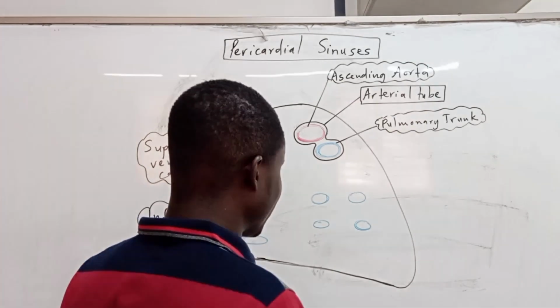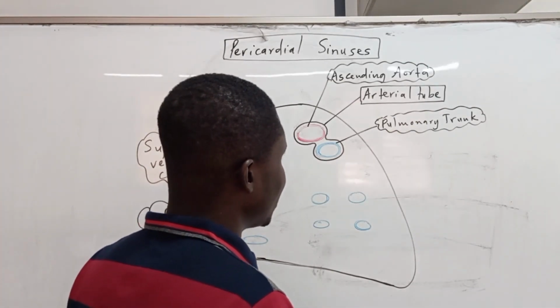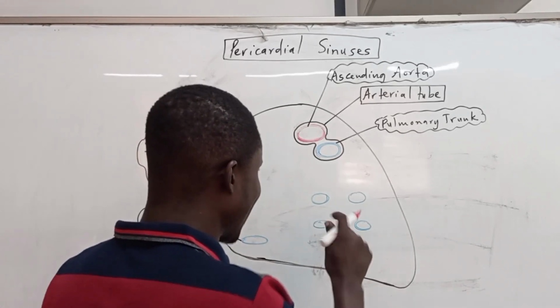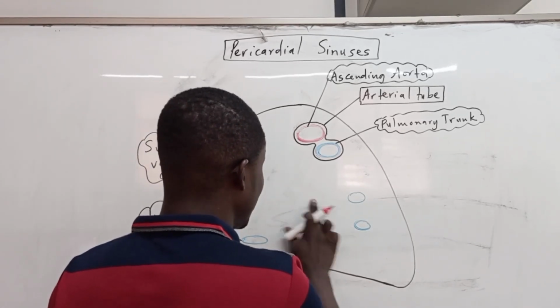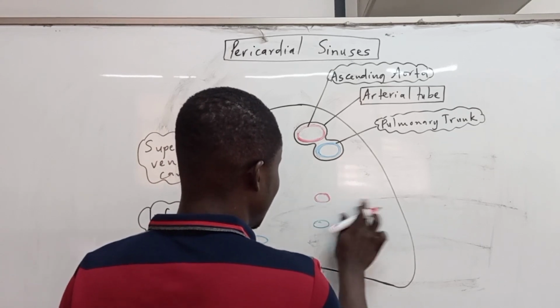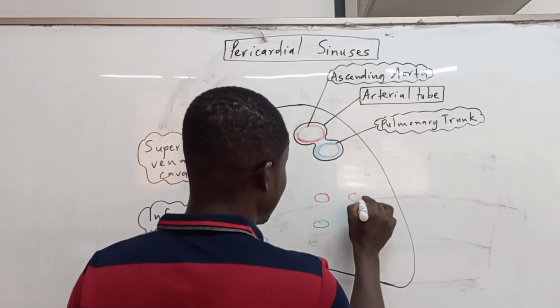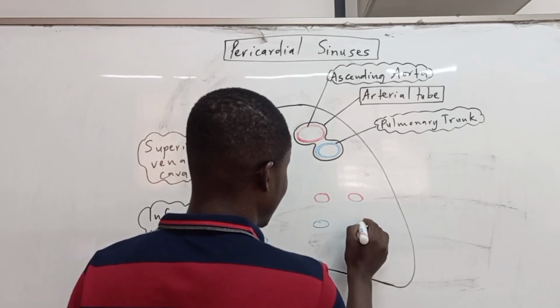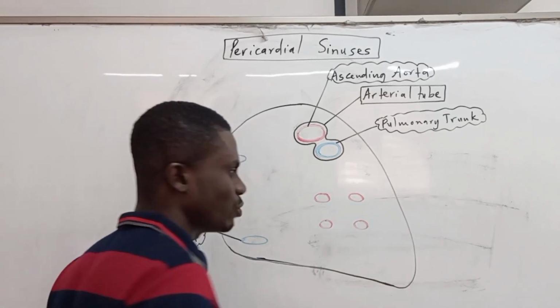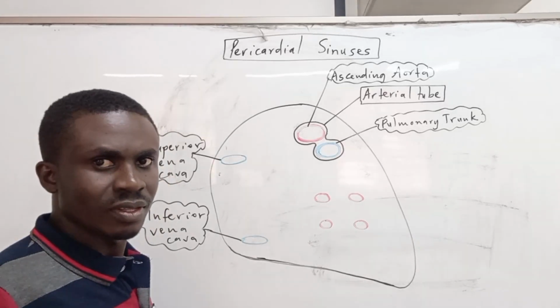Now, the pulmonary veins will be carrying oxygen-rich blood, so let me use red to show that.